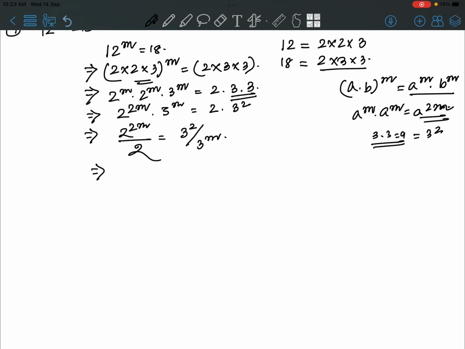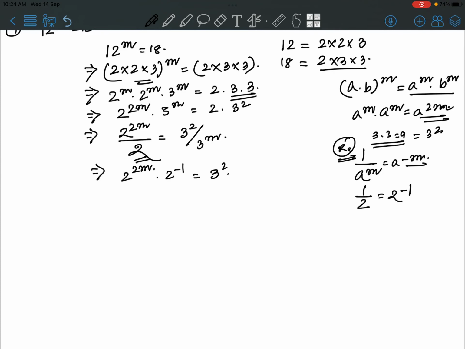Now we will use the formula of reciprocal. The formula of reciprocal is 1 by a to the power m can be written as a to the power minus m. So here we have 1 by 2, which can be written as 2 to the power minus 1. So 2 to the power 2m into 2 to the power minus 1 equals 3 square into 1 by 3 to the power m, and 1 by 3 to the power m can be written as 3 to the power minus m.